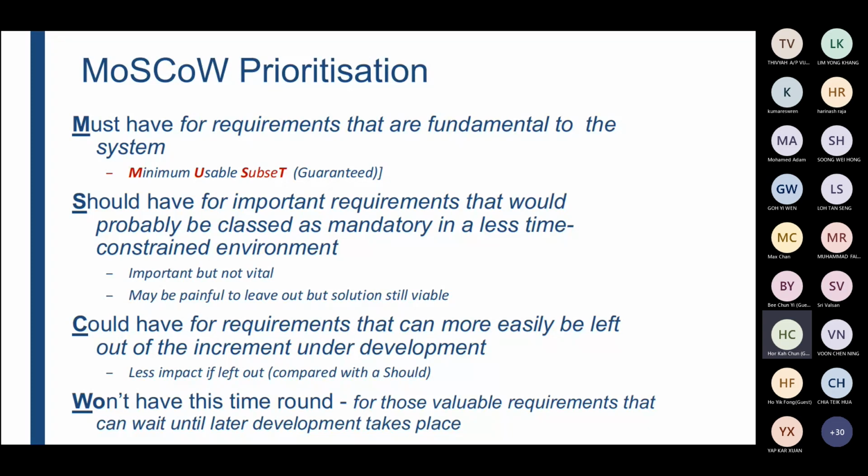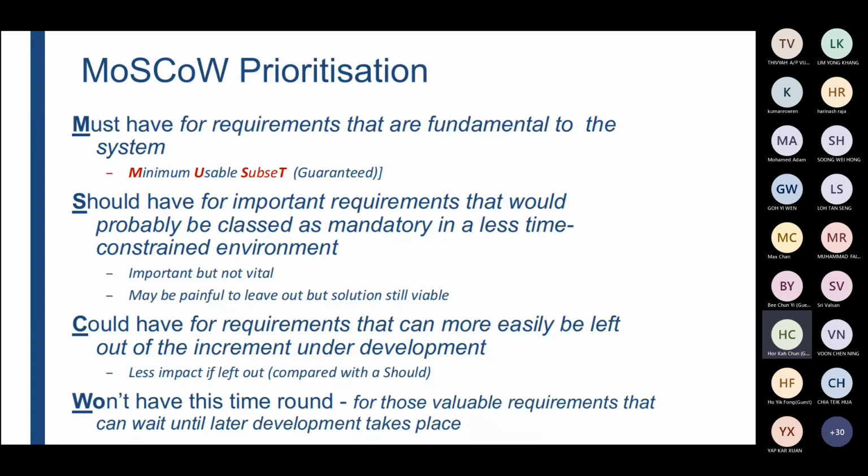Not must, but it is important. May be painful to leave out, but the solution is still available or viable. So this one, should have, is like a recommended requirement to make your product better, isn't it? Should. That is the second category.